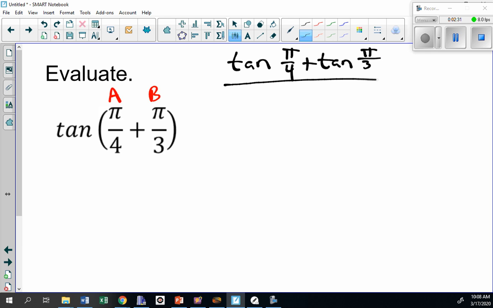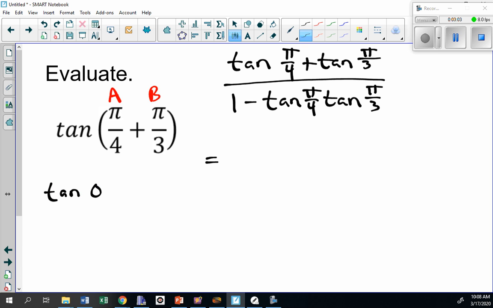Now, all of this is over 1 plus, I take that back, 1 minus tan angle A times tan angle B. In this case, angle B is pi over 3. Now, it does say to evaluate. We know that tan theta is actually sine theta over cosine theta.